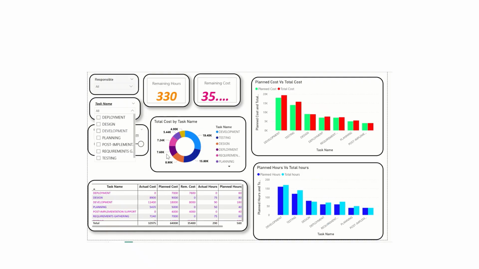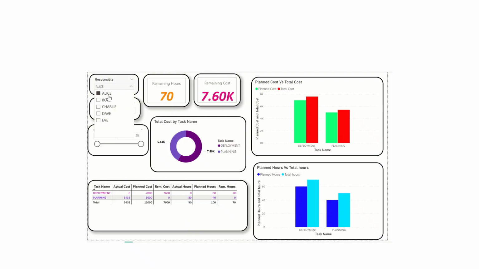Then, if we remove the filter here, we also have the plan hours versus the total hours of each one of the tasks. We can also have it for the responsible, showing how much time they spent on each one. So Elise actually spent 50 hours on planning, but she was planned for 40. That's a difference of 20%, 10 plan hours that are now over what was expected.